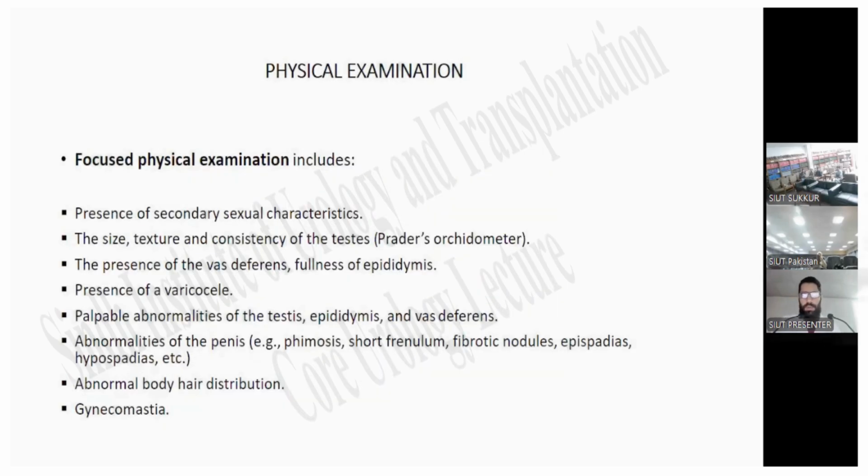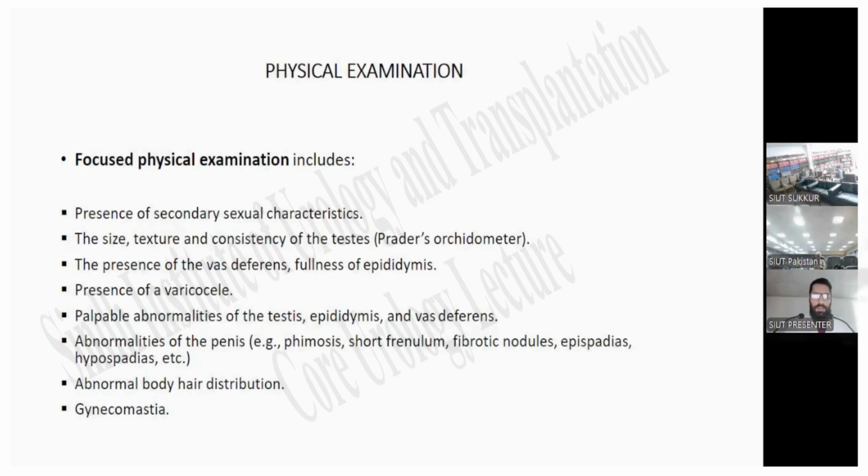So after the detailed and focused history, moving on to the physical examination, a focused physical examination includes presence of secondary sexual characteristics, the use of Prader's orchidometer to detect the size or volume of the testes, and the palpation of the testes to sense the texture and consistency, and to detect the presence of vas deferens, fullness of epididymis, or presence of a varicocele, and palpable abnormalities of testes, epididymis, and vas deferens, including any epididymal cysts or testicular mass, abnormality of penis, including phimosis, fibrotic nodules, or epispadias or hypospadias.